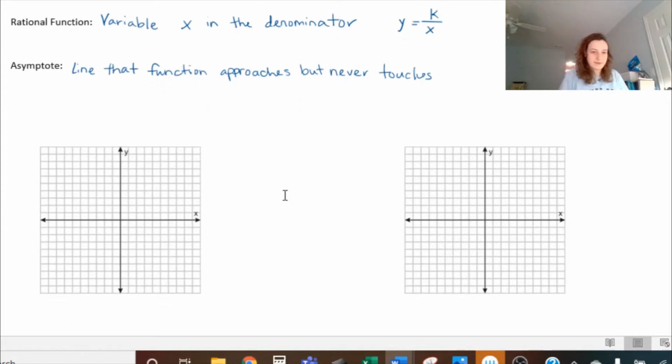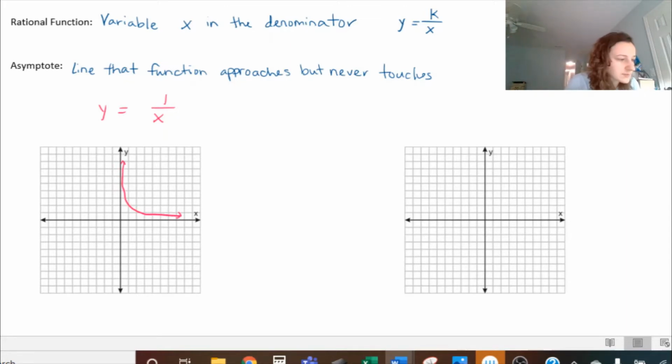So for example, this first one is, let's graph y is equal to 1 over x. We're going to do the graphs in just a moment, but I'd like to show you here what this graph is going to look like. So this graph is going to come down here, and it's not going to touch the y-axis or the x-axis.